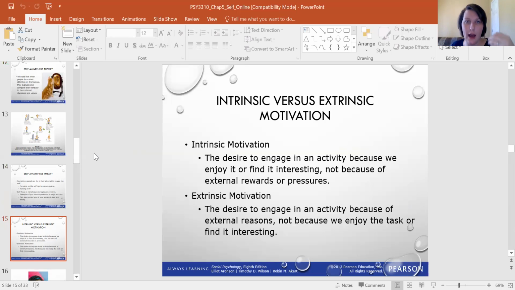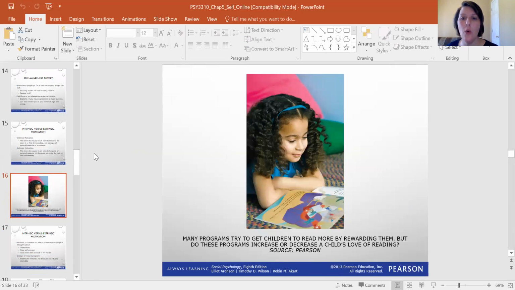Things can start out as intrinsically motivating. And I'm going to use another example here of reading. It can start out as being a really good thing. You really love it. You enjoy reading so much, and you want to read all the time. Then it can become extrinsically motivating. And this can be problematic when we see this in reading programs in children. So I know when I was younger, there was a reading program that I was involved with in school. And if you read X amount of books, you get like a pizza party, right?